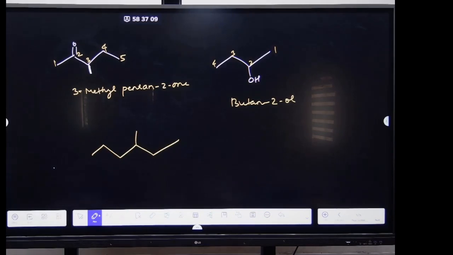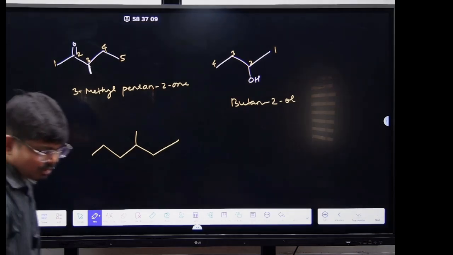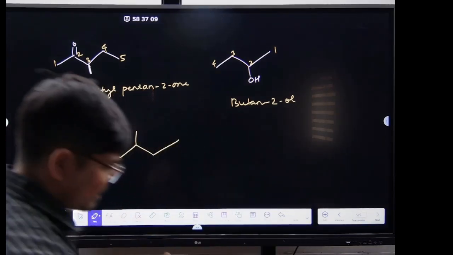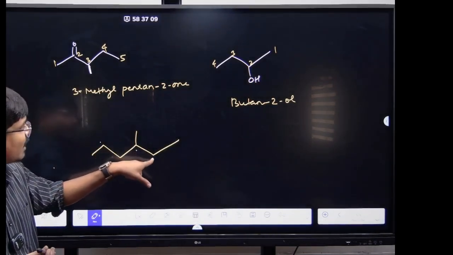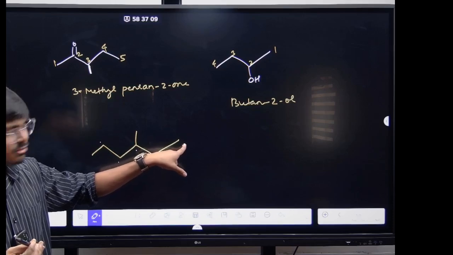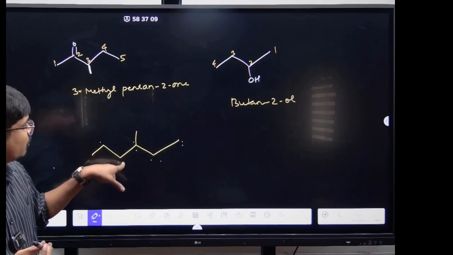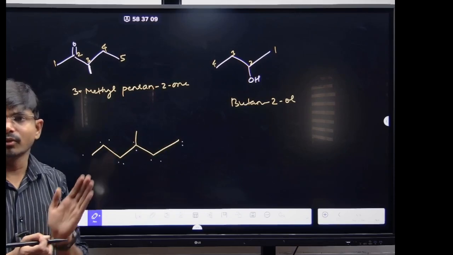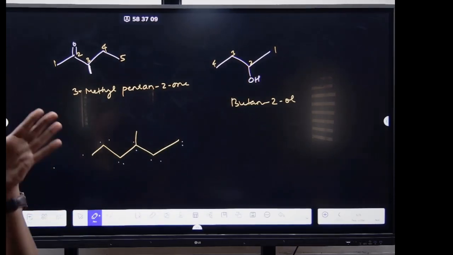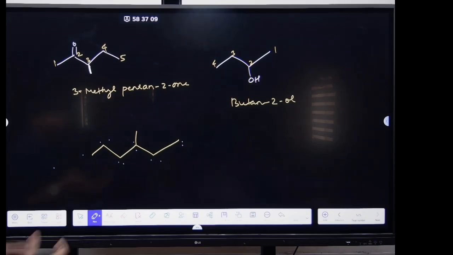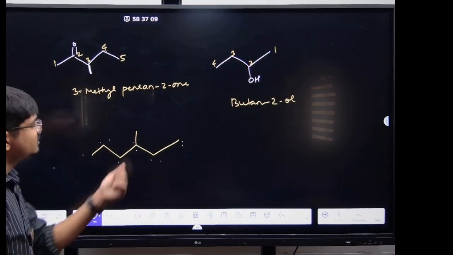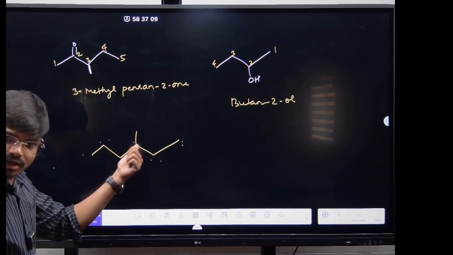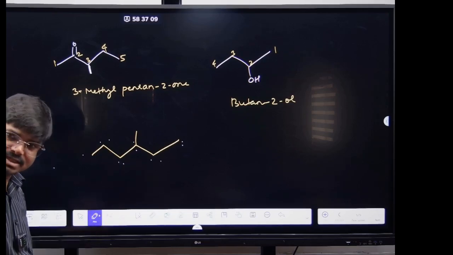So first you have to look for the longest chain. From here I can write 1, 2, 3, 4, 5 and 6, and from here also I can write 1, 2, 3, 4, 5 and 6. Whether I go from left to right or right to left, I have to go from this side to this side, because this will get the least number.